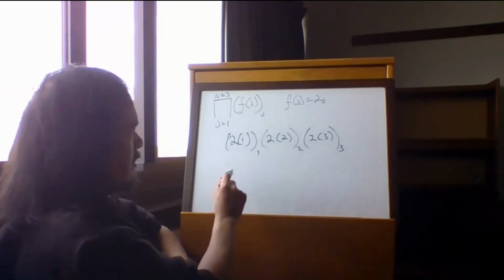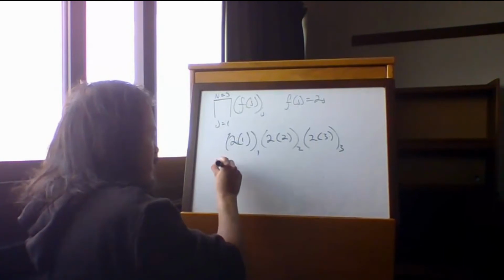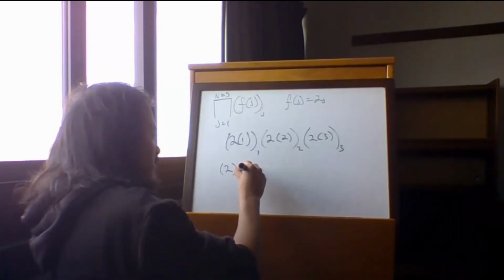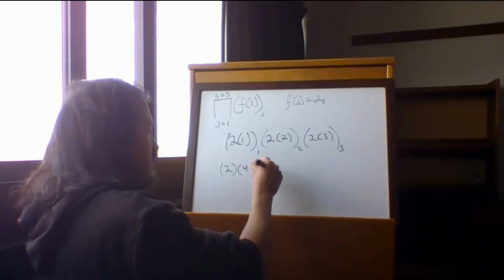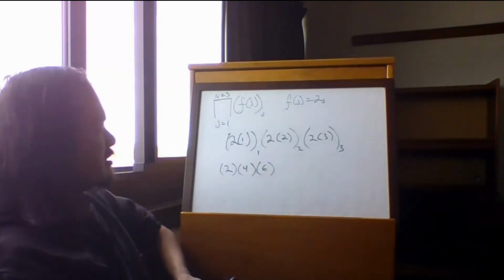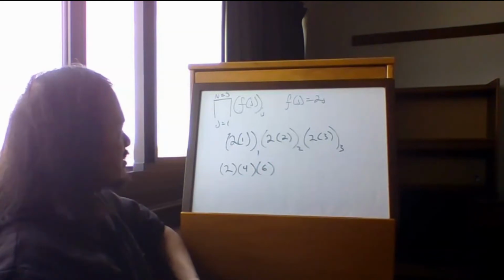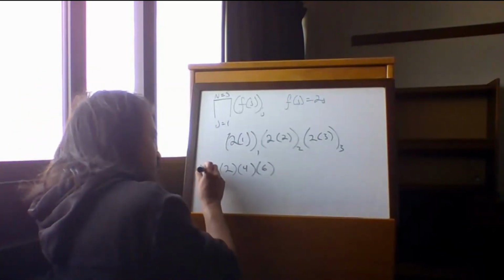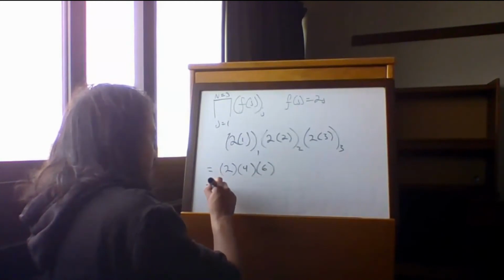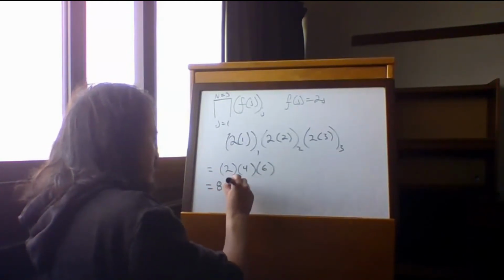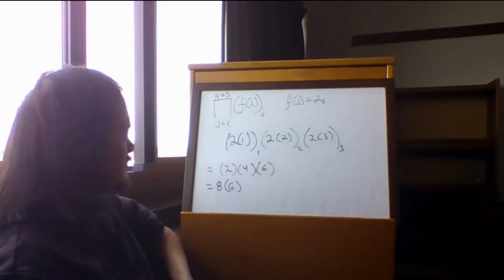So when we look at this, we have 2 times 4 times 6, and then here we get 8 times 6.